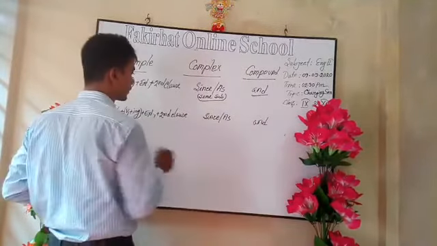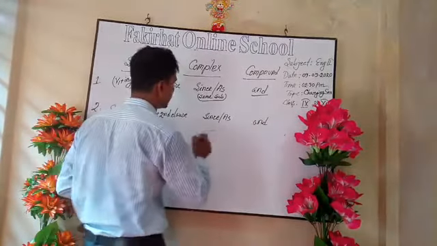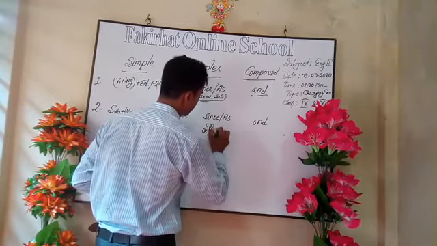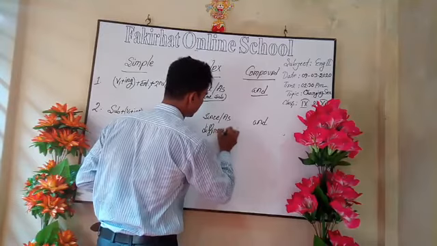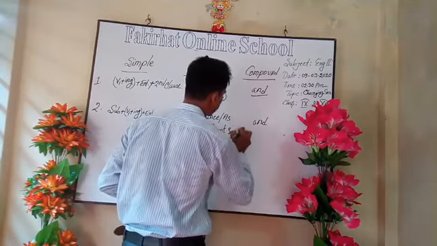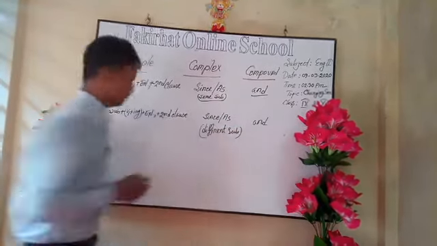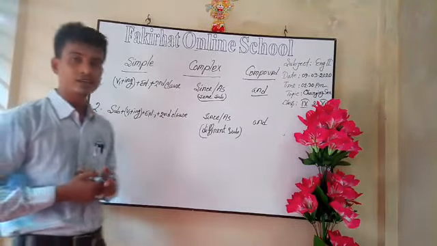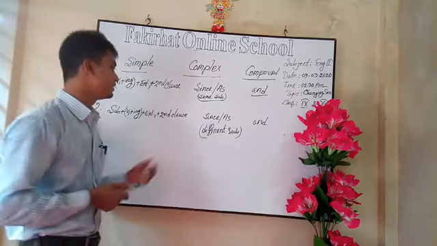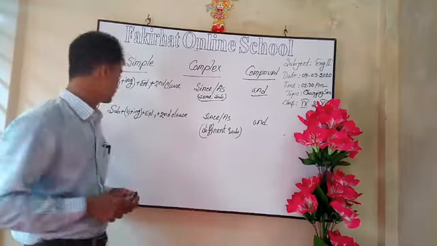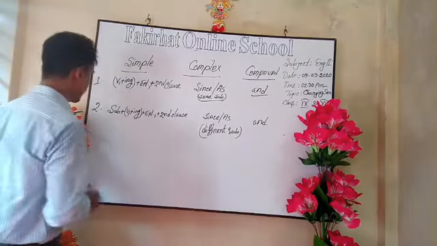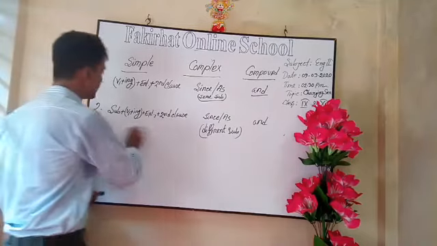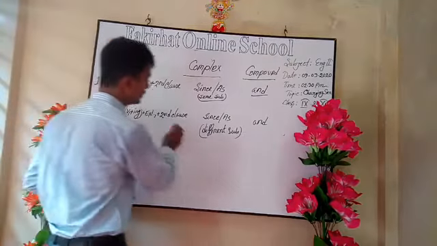Okay, I want to mention here different subject. This complex sentence has two clauses and they have different subjects. So we can use this formation to change these three types of sentences.